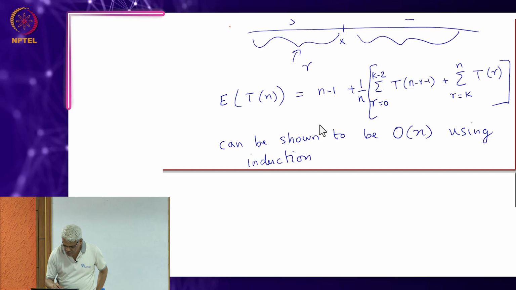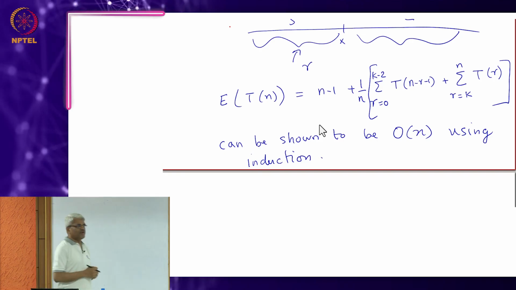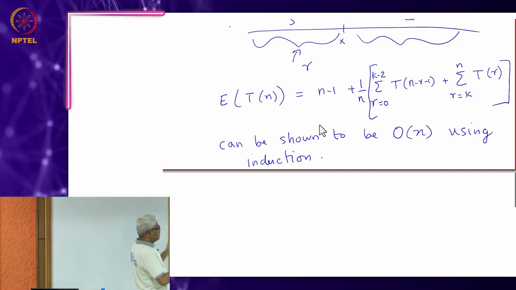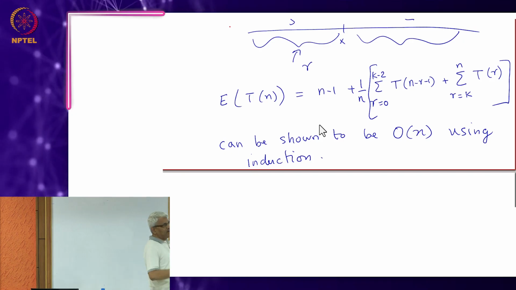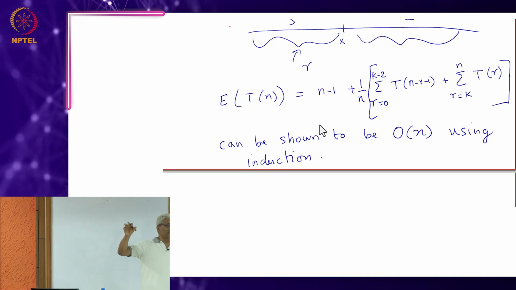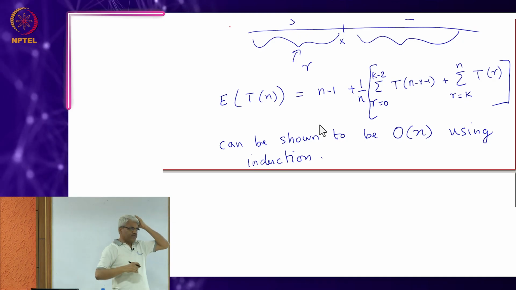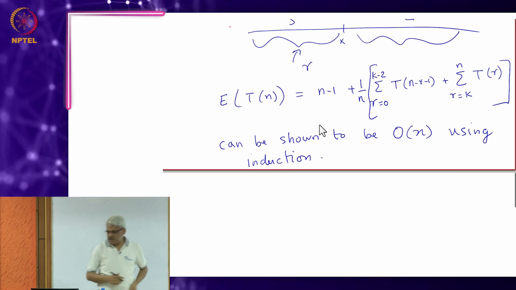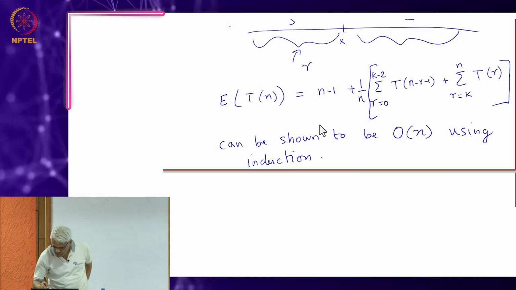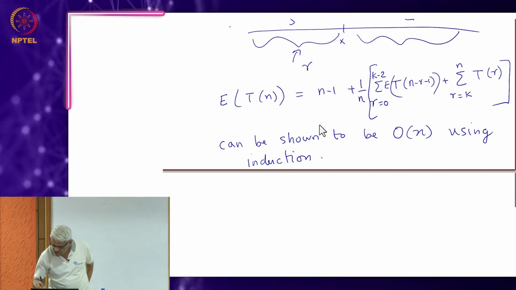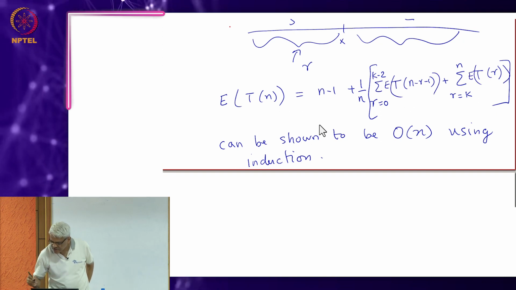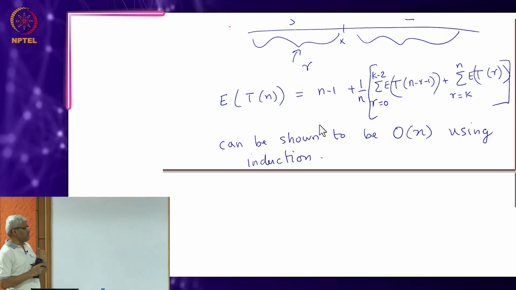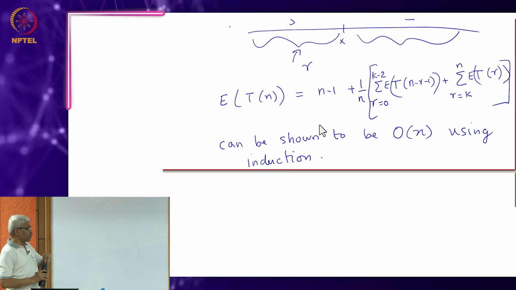I'm not going to give a proof of this because you even need to know why you think it's order n. Once I tell you it's order n, you assume it is less than or equal to some c times n, and then apply induction. Oh, by the way, I should put this expected, right? Because there are some random steps happening in each of the steps. So why do we even expect it to be order n?